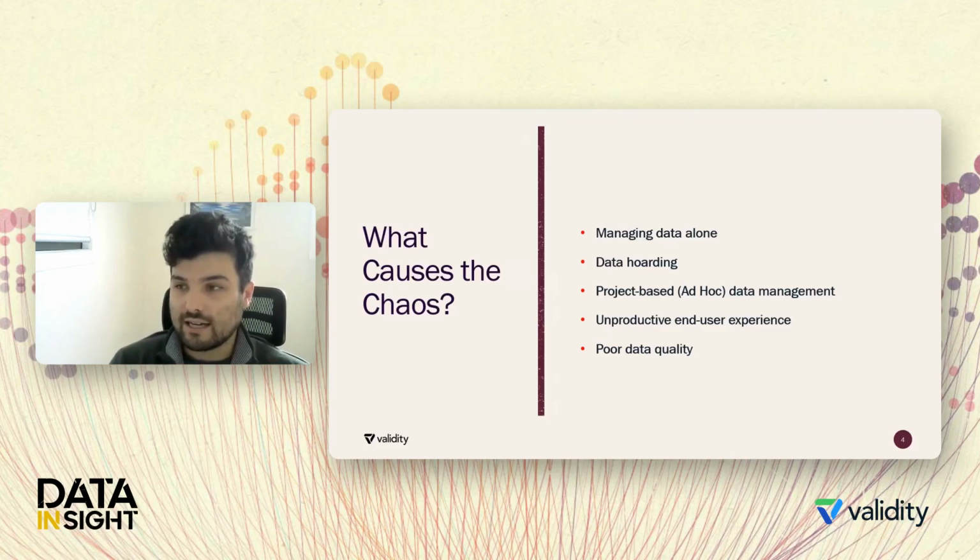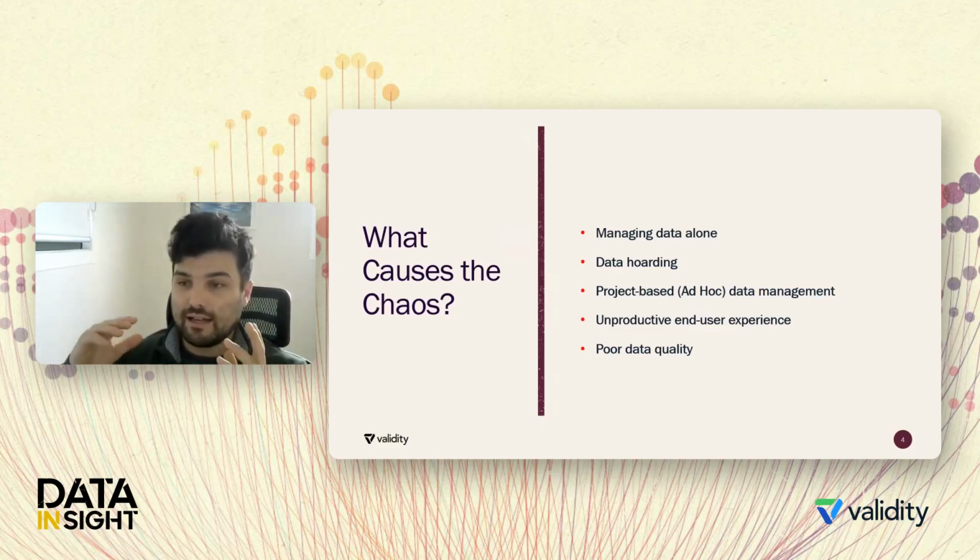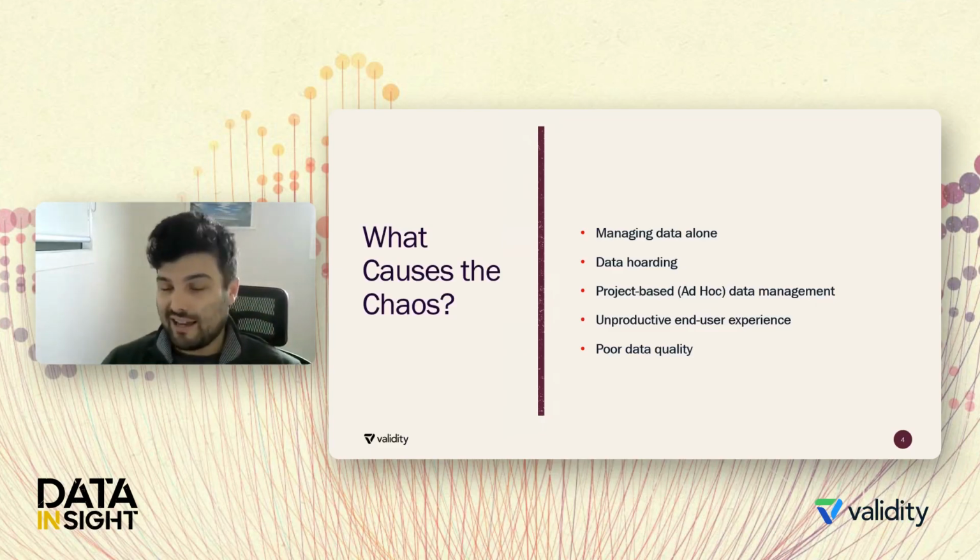Project-based or ad hoc data management, so treating data management as something you can turn off and on and just kind of get onto it when it becomes a big enough issue, and then leave it alone and letting it grow again. Unproductive end user experience, so essentially believing that our CRMs are built for our end users. They're really not.